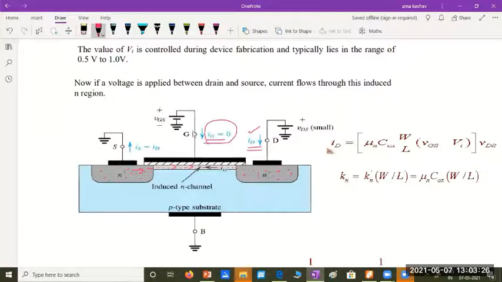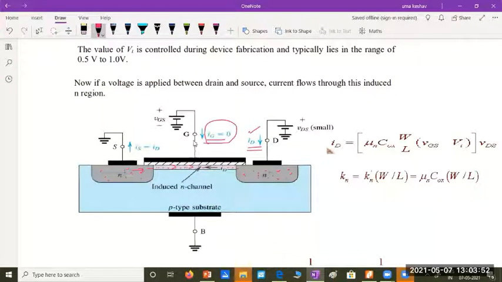Can somebody tell me why that gate current is very small? Why is Ig 0 here? You can see in the construction what has happened. Is there movement of electrons from the gate terminal to the channel?